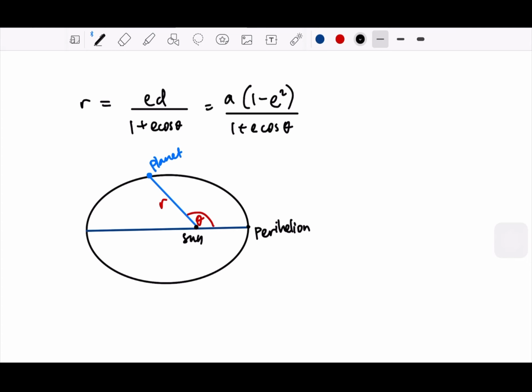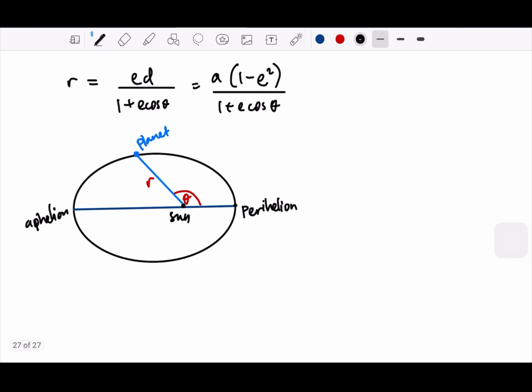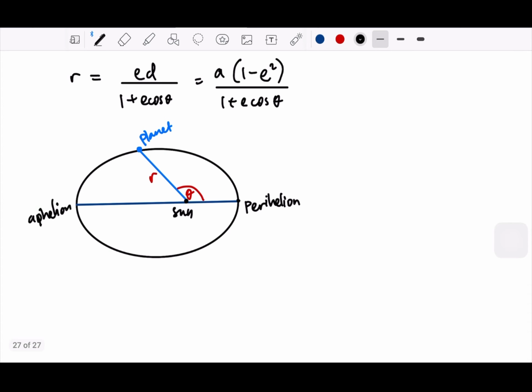Helion means from the sun, and aphelion is for the furthest one. Peri is as in perimeter, the closest one. So the perihelion will be a(1 minus e), and the aphelion will be a(1 plus e).